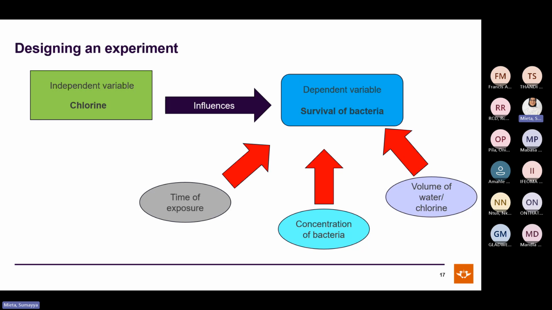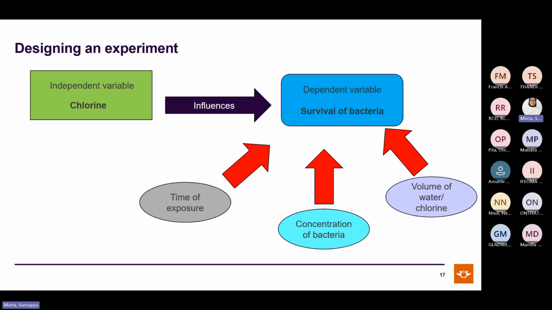Is the chlorination killing the bacteria, not doing anything to them, making them more resistant, or are they actually thriving and multiplying at a faster pace in the presence of chlorine, or are they dying out? Okay, so that's the independent variable.